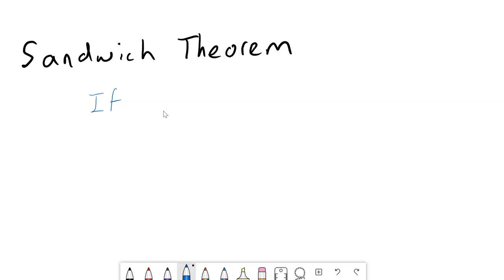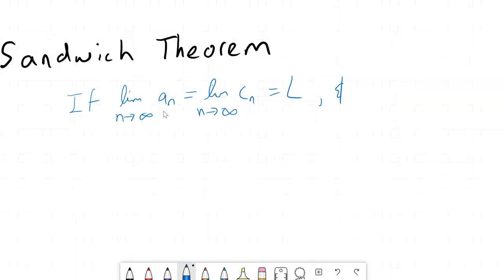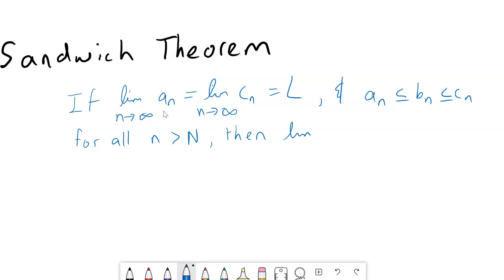If the limit as n approaches infinity of a of n equals the limit of c of n, which is equal to a number, so it doesn't diverge, and this holds for all n greater than an integer that we want, then we can say that the limit of the middle sequence is also the same as the other two.